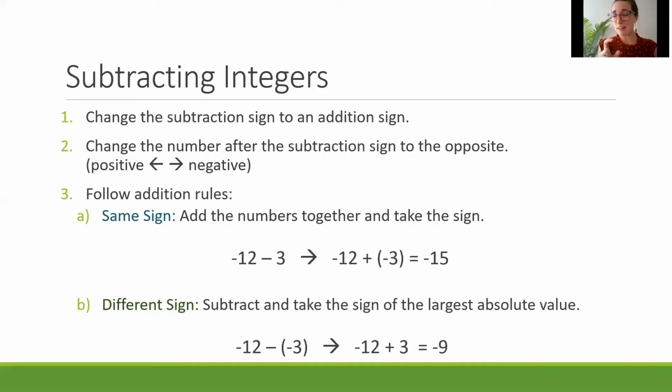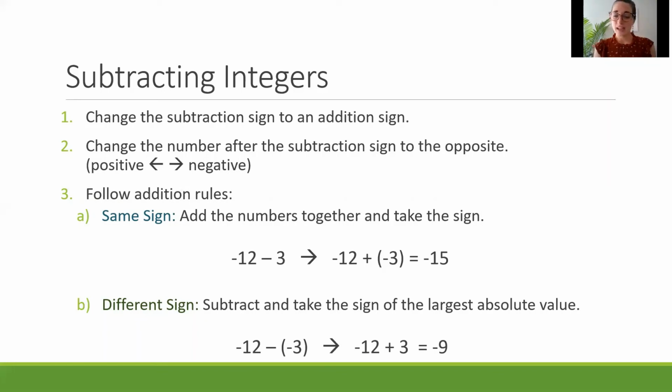And then I did have a +3 there, so I'm going to change that to a -3. So now we have -12 plus -3. Now remember, if we have the same sign, which now we do, we add the numbers together and then we keep the sign. So what's 12 plus 3? It's 15. The sign is negative, so our answer is -15.